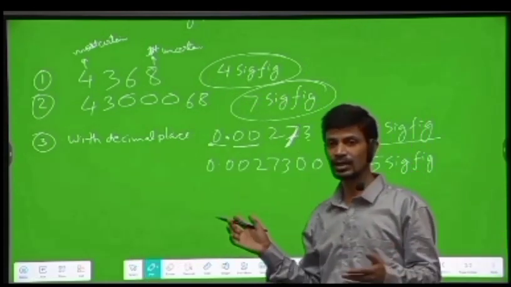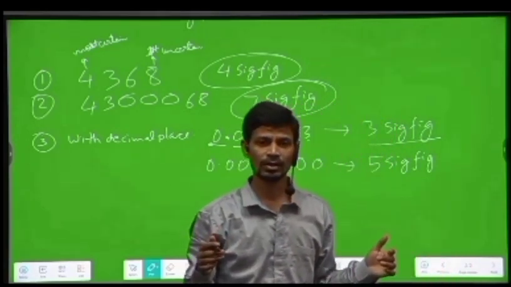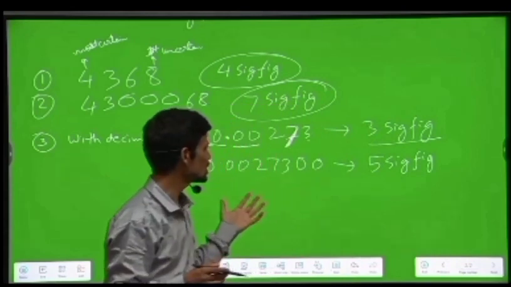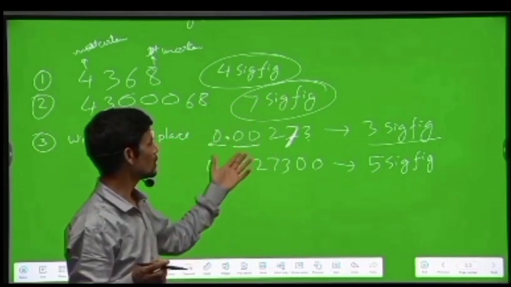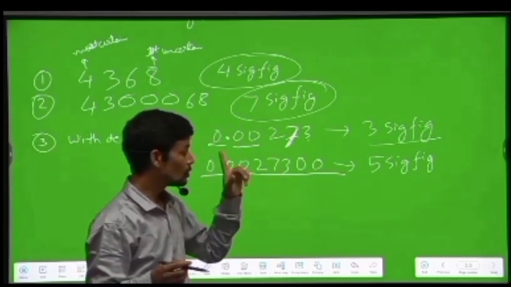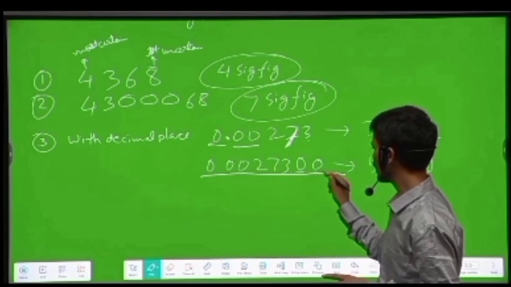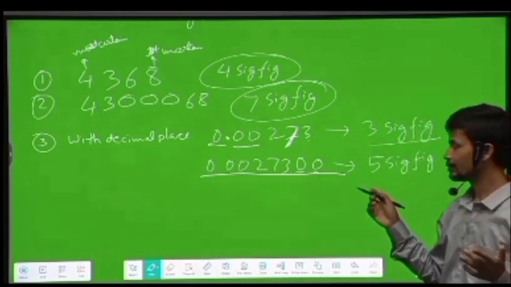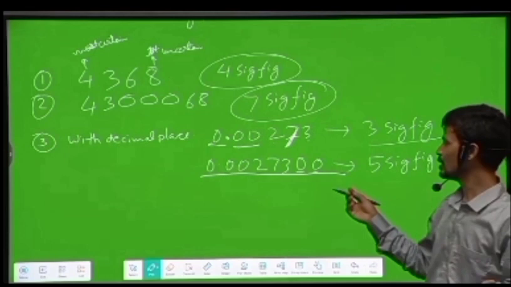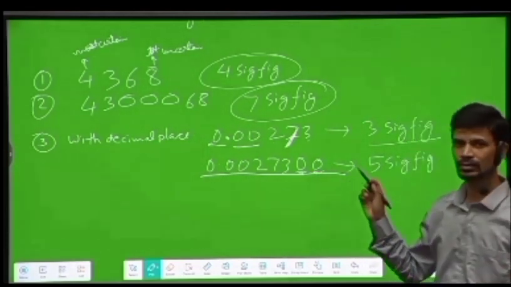If some values are given to you, how can you find out whether it is significant or not? In those cases, you can simply see that if information is given in this way, then this value is resolved up to this level and up to this level also. So maybe it is a measurement, and maybe it is precise up to this level and up to this level. Okay.